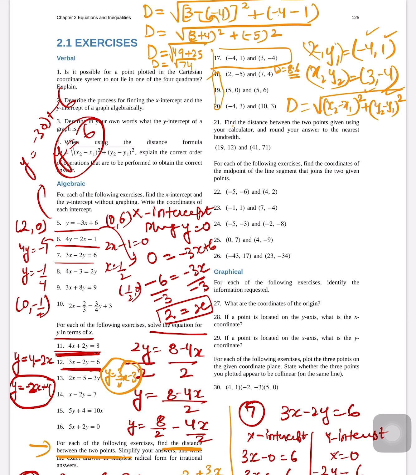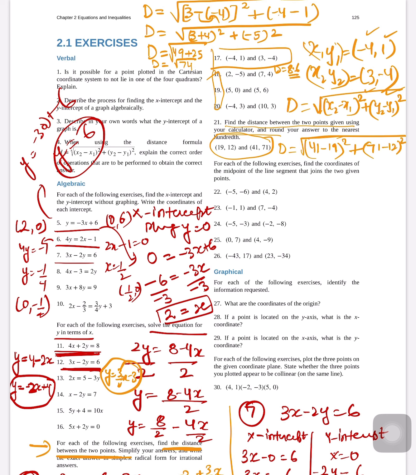Now the next question is to find the distance between 2 points. In the previous one, they didn't ask you to use the calculator, so you can just simplify it as the square root of 74. In the next question, they tell you to use the calculator and round it off. So you can use the distance formula. d is equal to the square root of (x2 minus x1), so 41 minus 19, whole square, plus (y2 minus y1), so 71 minus 12.